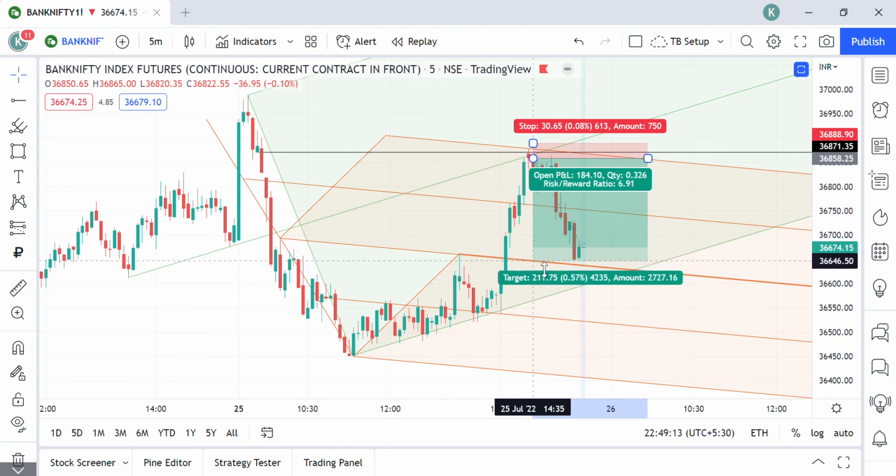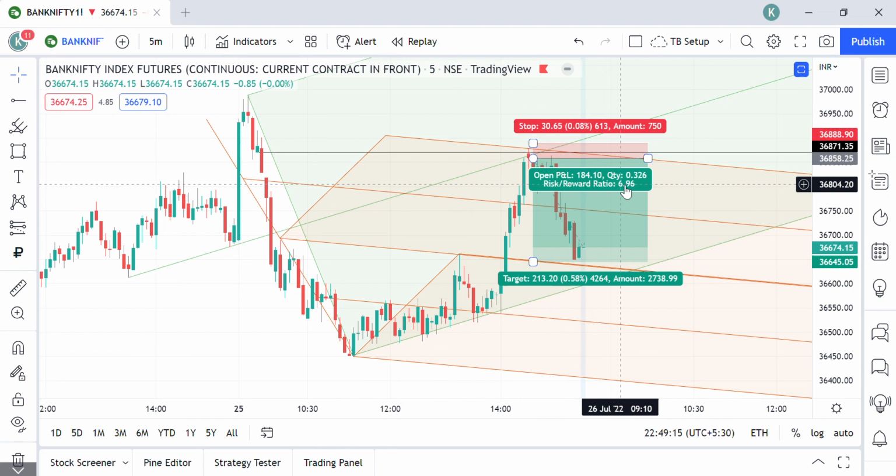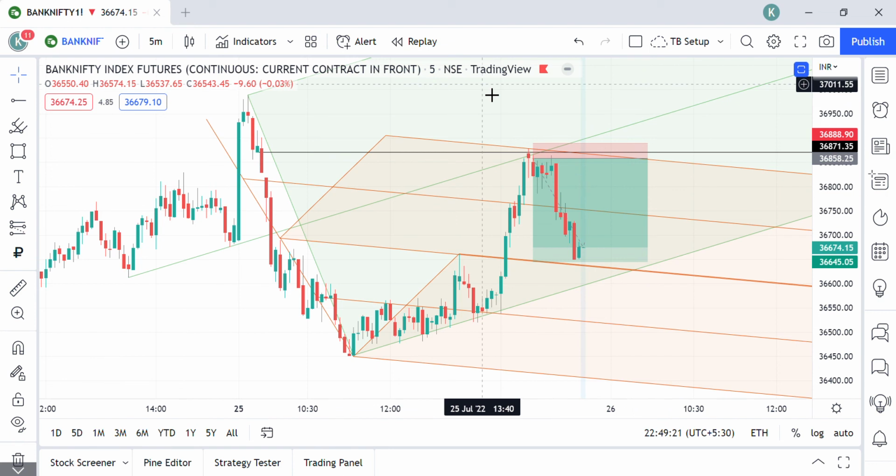In this case it is giving a 1:6.96 risk reward ratio. So this is how we analyze price, enter the market, and exit with small stops and greater, larger profit areas.